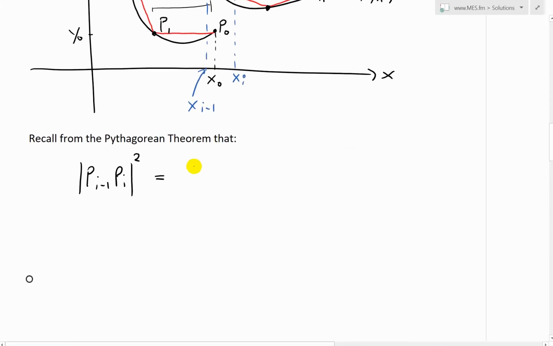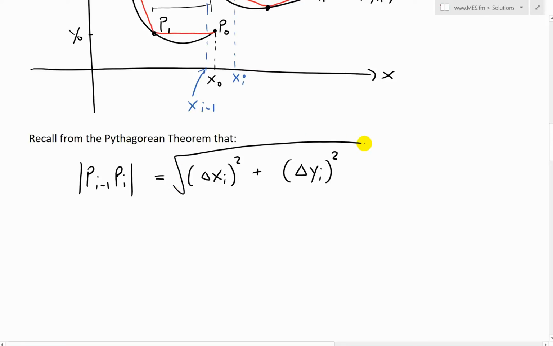So this is delta x_i squared plus delta y_i squared, and here we could take the square root of both sides to get a value like this. We take plus or minus, but since we're dealing with an absolute value as a distance, we don't want a negative distance, so we just look at the positive side.